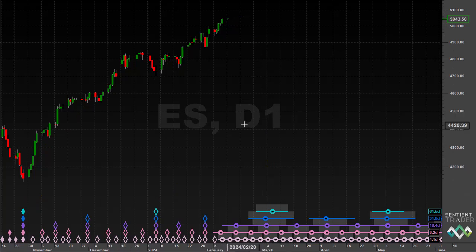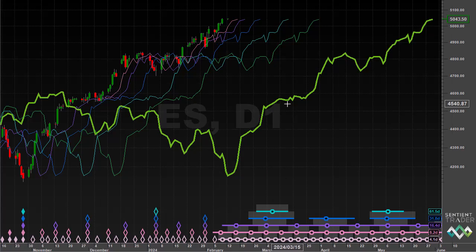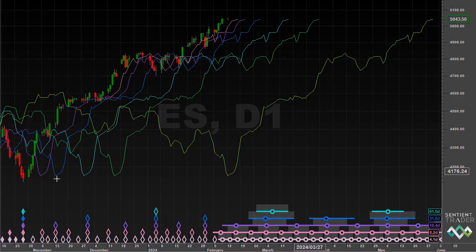So where do the multiple FLD patterns come into this? Well, let's display the FLDs for many cycles. There we go. It looks like a bit of a mess, doesn't it? Well, this is all of the FLDs from the 10-day cycle all the way up to the 40-week cycle. Now let me point out something that tends to happen when you are looking at multiple FLDs on your charts.